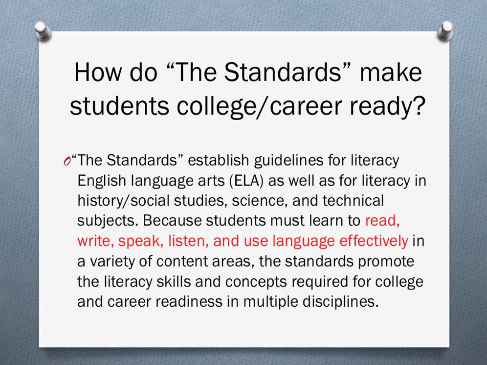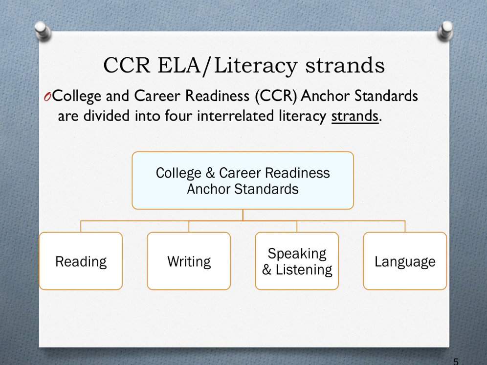Because students must learn to read, write, listen, and use language efficiently in a variety of content areas, the standards promote the literacy skills and concepts required for college and career readiness in multiple disciplines. College and career readiness anchor standards are divided into four literacy strands: reading, writing, speaking, and language.